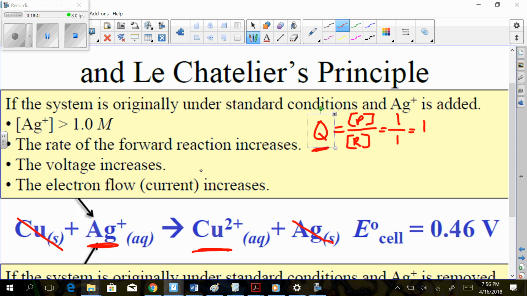And so if you have the situation where you have silver greater than 1 molar, you have this reactant, this is going to be greater than 1 molar, like say, let's just go ahead and say 2 molar. This is 2 molar. What is the new Q? If we look at that, the new Q, our product concentration is still 1. This is 2 molar. And so our new Q is 0.5.